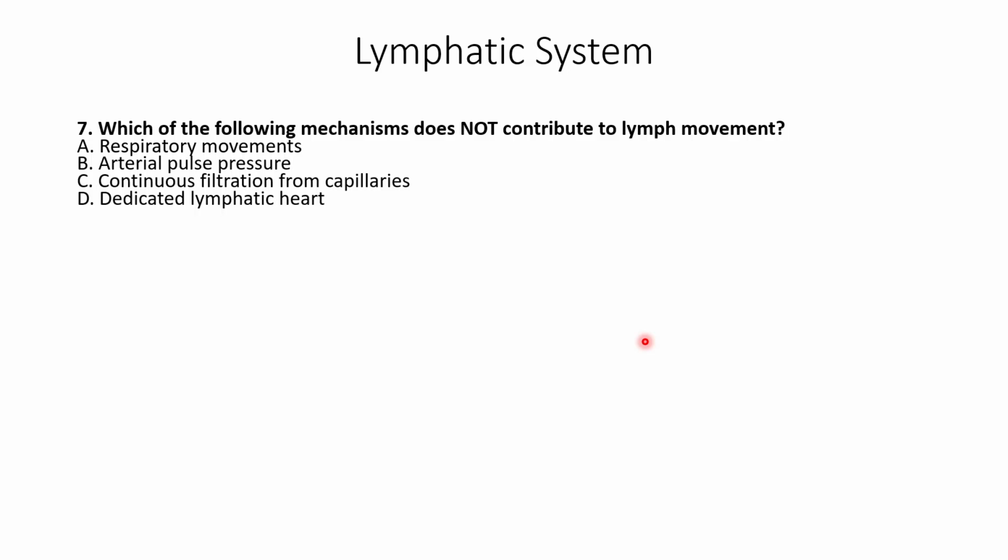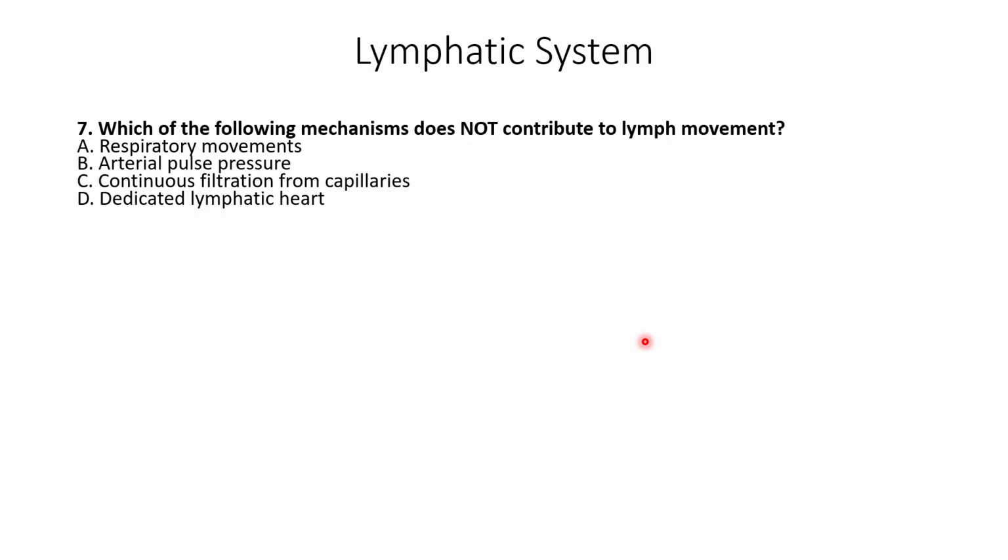Arterial pulse pressure, which is regulated by your cardiac or heart contractions, can regulate fluid movement into the capillaries, which can regulate filtration. So indirectly, arterial pulse pressure can contribute to lymph movement because it contributes to the pressurized filtration of tissue fluid at the capillary level, and also indirectly controls how much blood is going to your muscles, for instance, so skeletal muscle contractions can have an effect.